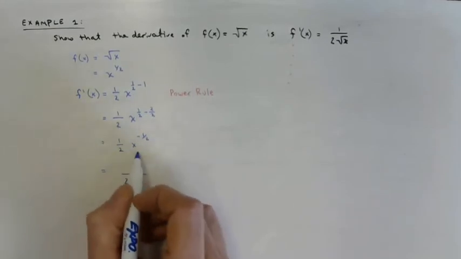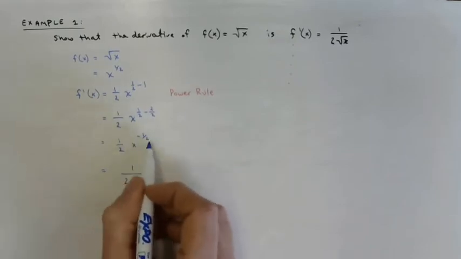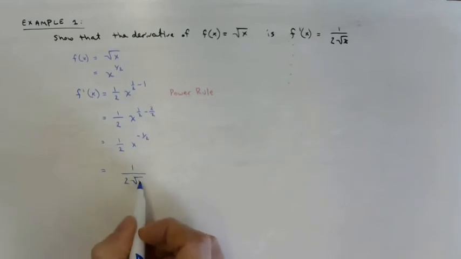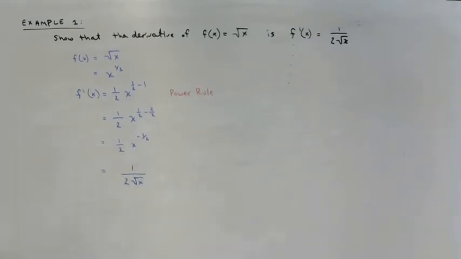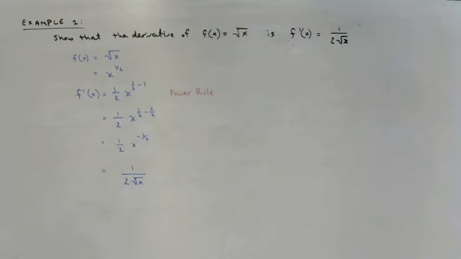This piece gets bumped into the denominator to have a positive exponent, and I convert from exponent into square root form. It's kind of insane. And there you have the derivative. This will give you the slope of the tangent at any point along the graph of radical x.